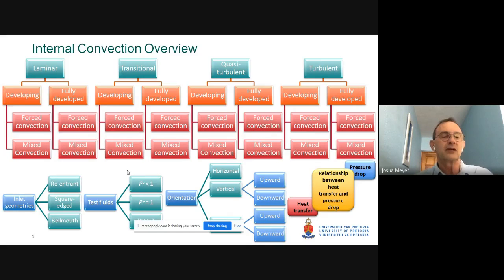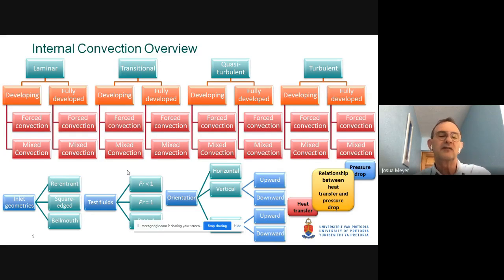And together with that, we can look at all the different types of inlets, which can be a re-entrant, a square edge, or a bellmouth. We can look at different types of fluids, of Prandtl numbers of 1, smaller than 1 and larger than 1.